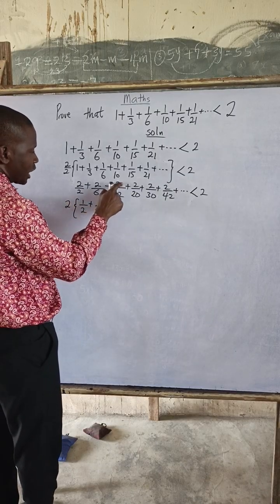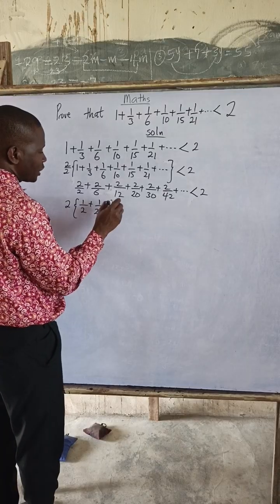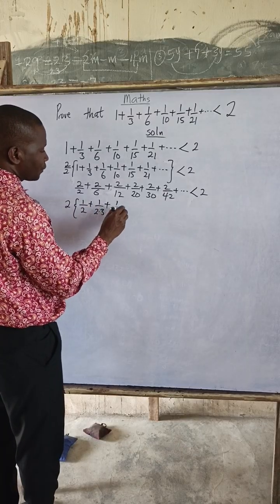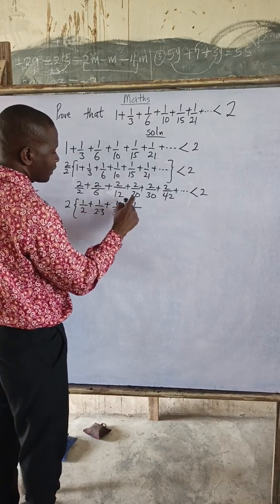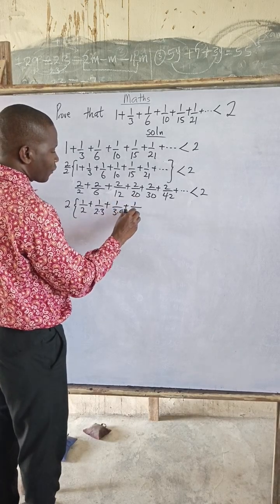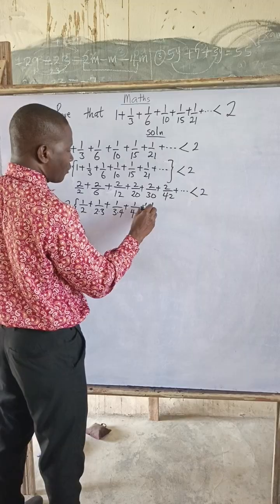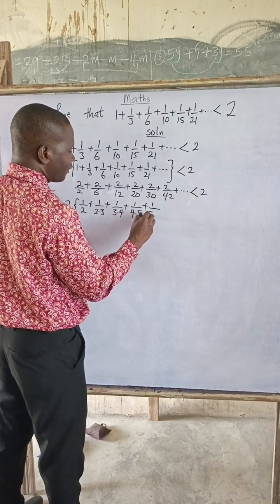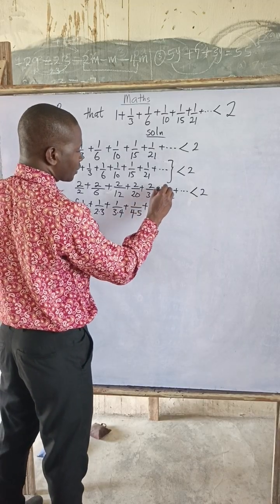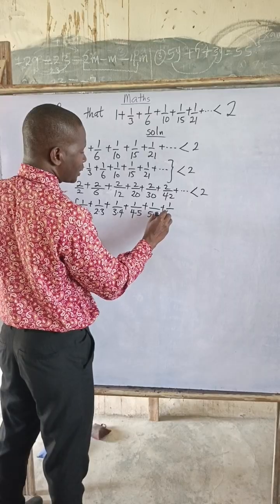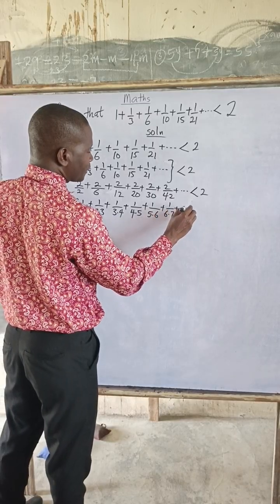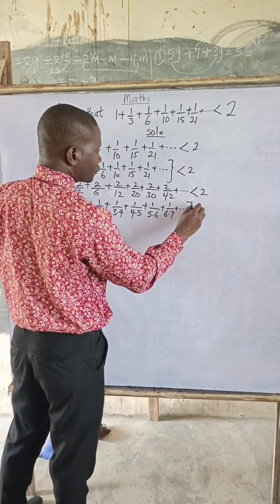Plus 1 over 12, which can be written as 3 times 4. Plus 1 over 20, written as 4 times 5. Plus 1 over 5 times 6. Plus 1 over 6 times 7. This is the pattern.